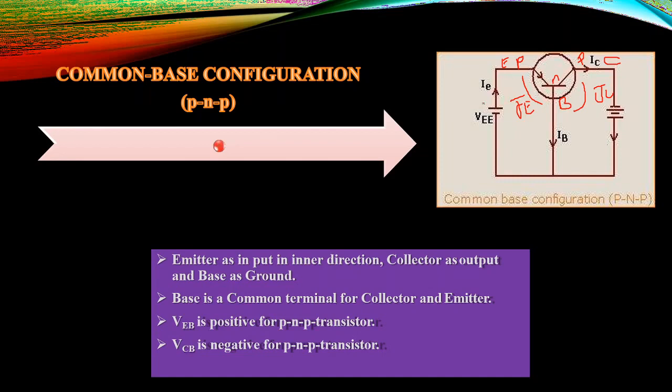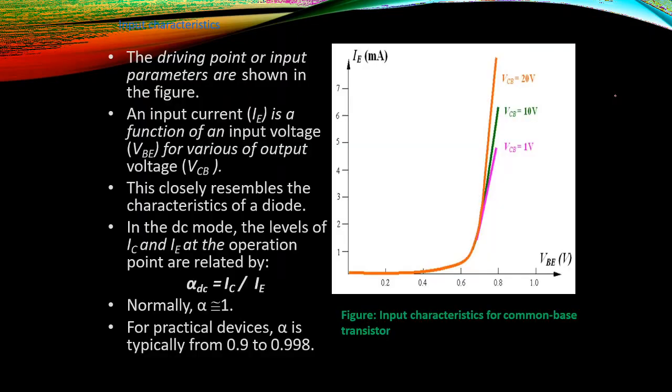Next, if you observe the voltage levels, here it is a positive voltage and here it is a negative voltage. So VEB is positive for the PNP transistor in order to make the JE junction forward biased, and VCB is negative for the PNP transistor in order to make the JC junction reverse biased. So what happens to the transistor levels is what we have to study.